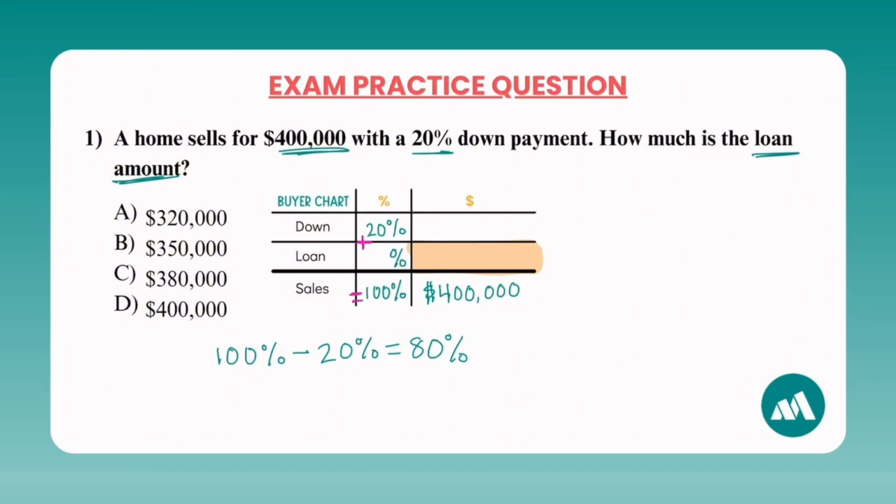So now I know that my loan to value ratio is 80%. And now all I have to do is multiply 400,000 times 80% to get the loan amount. So the answer here is $320,000 for my loan amount. So the answer here is A.